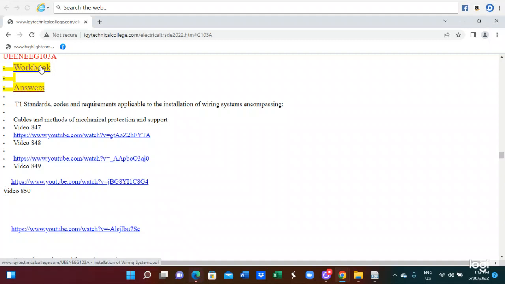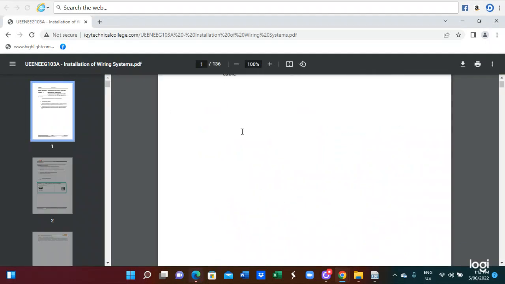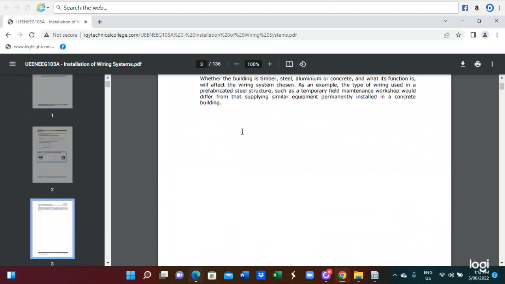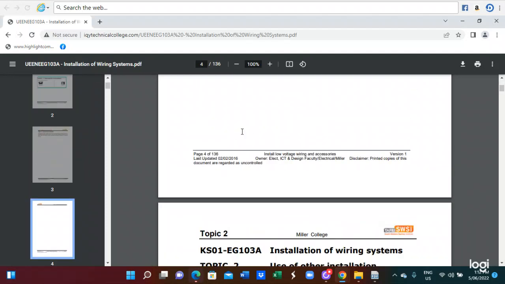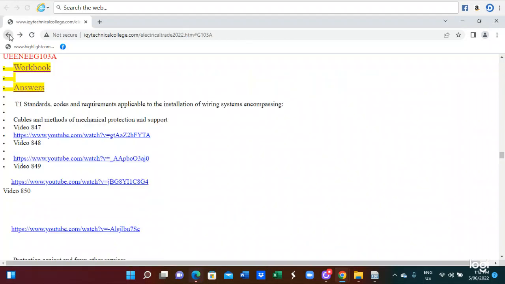This workbook includes the questions, such as installation of wiring systems. Those wiring system questions you can see here, the lesson and the question. And here is the answer. This is the answer for those questions.